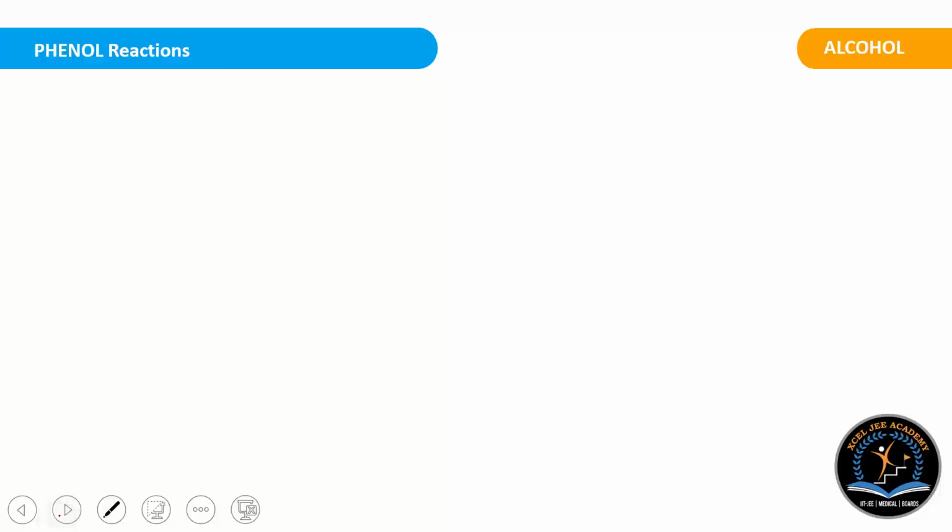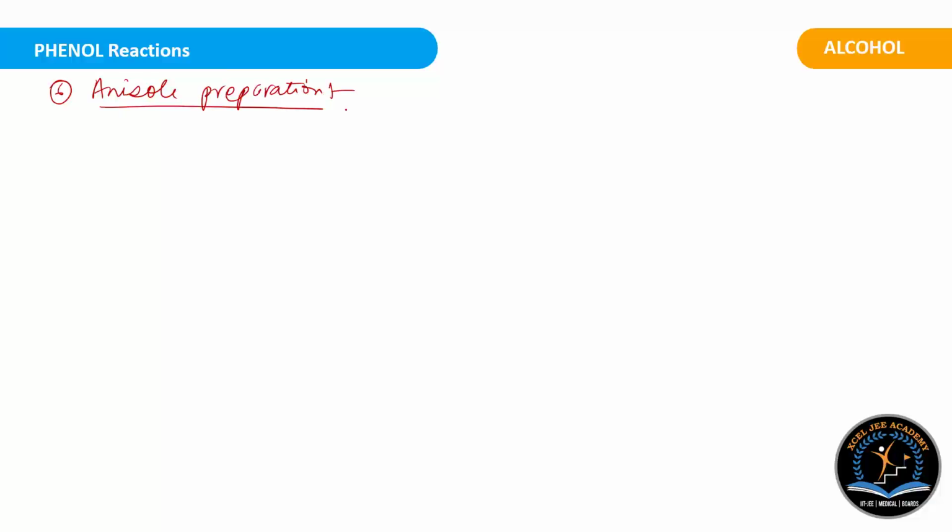The next reaction, the sixth one, is referred to as anisole preparation. In the anisole preparation reaction, again we have phenol reacting with sodium, so it will form sodium phenoxide.